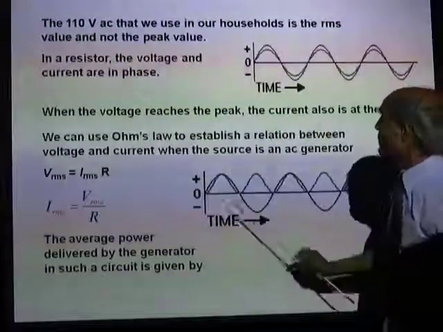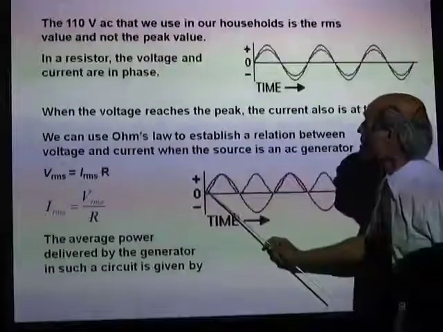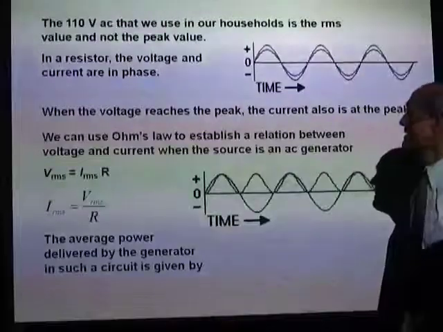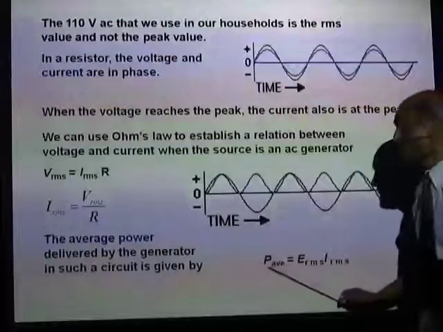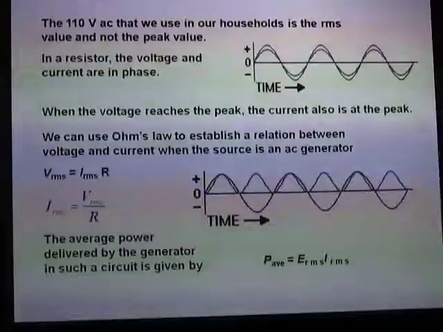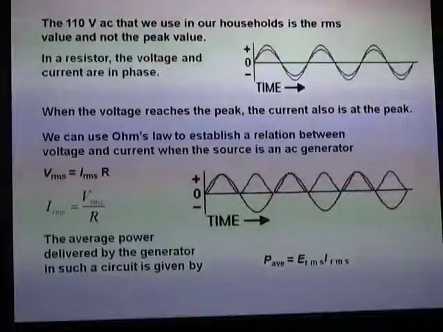The average power will be always positive. Is that right? Because the average power is E RMS multiplied by I RMS.